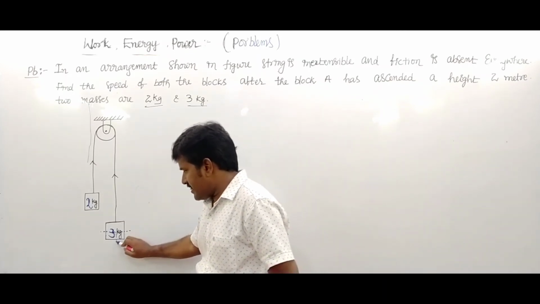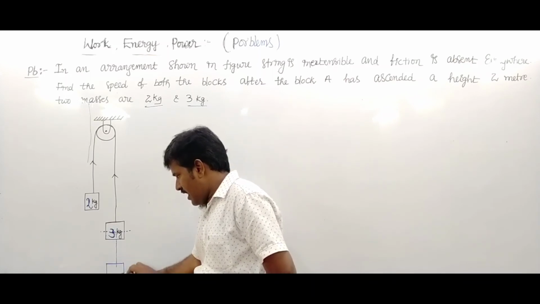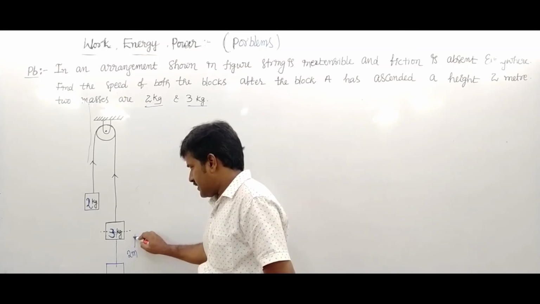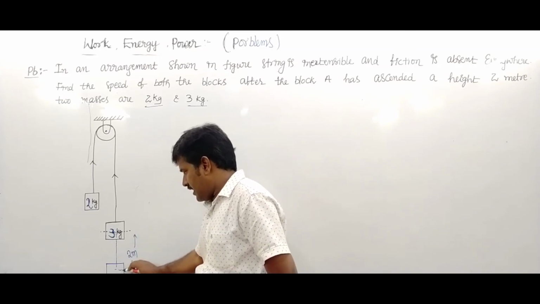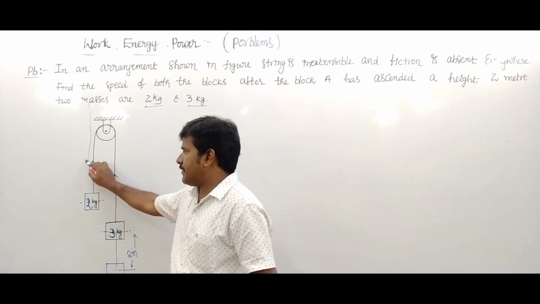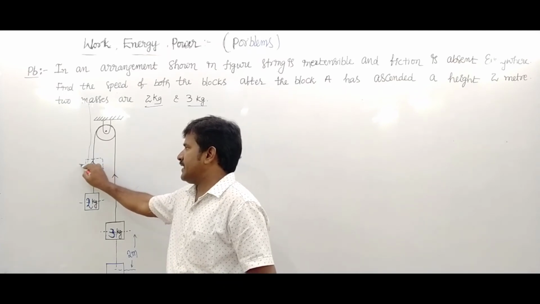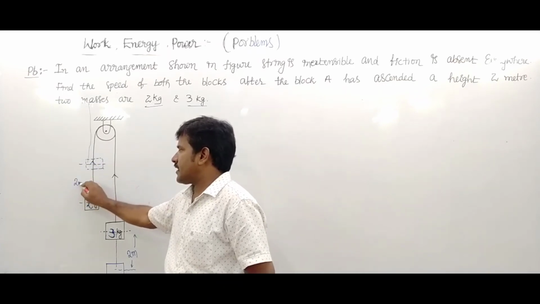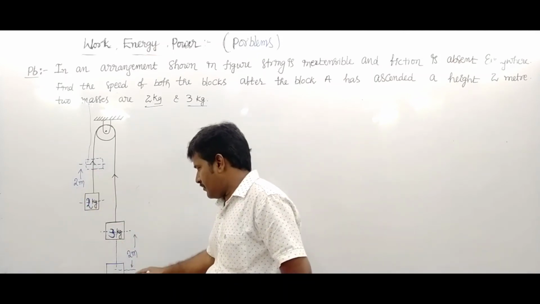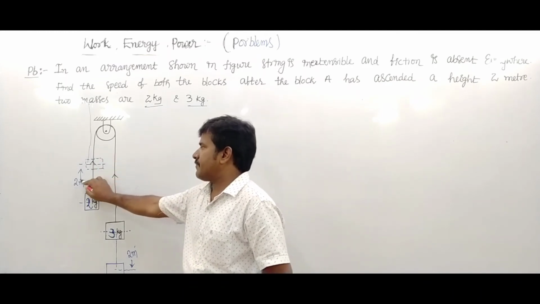The 3 kg block, being the heavier load, comes down 2 meters, and the 2 kg block moves up the same 2 meters.